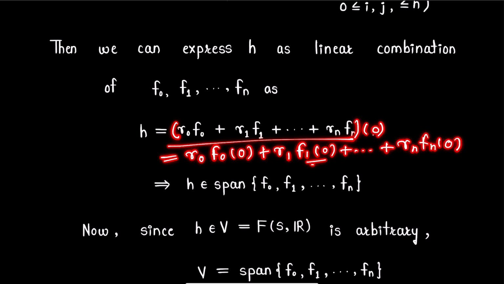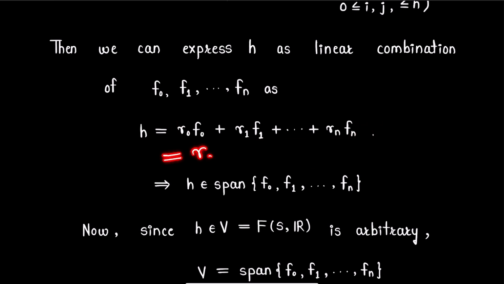Now all these f1 of 0, f2 of 0, similarly fn of 0 will be 0, so all these terms will vanish. So we will only get r0 of f0 of 0. Now f0 of 0 is 1 from definition, so we get r0 times 1, and hence image of 0 for this linear combination will be r0, which is equal to image of 0 under h.